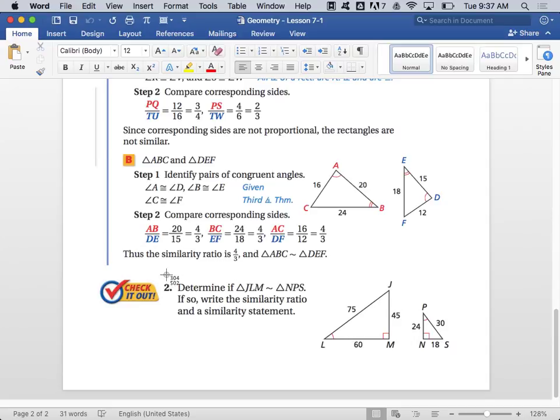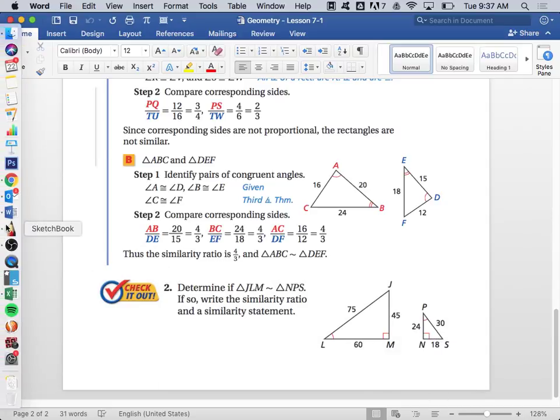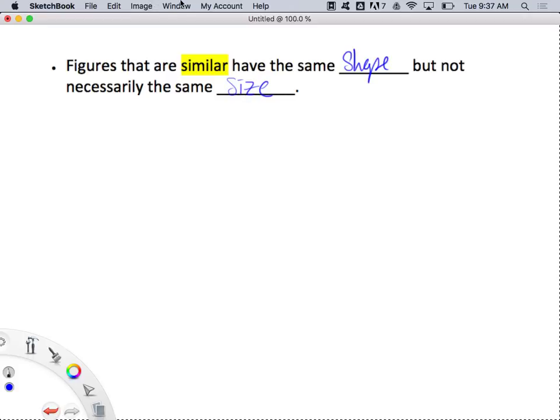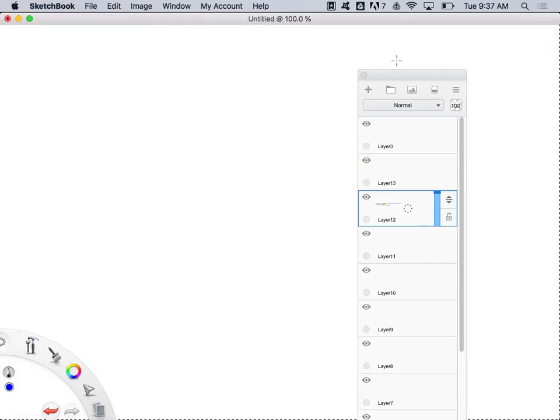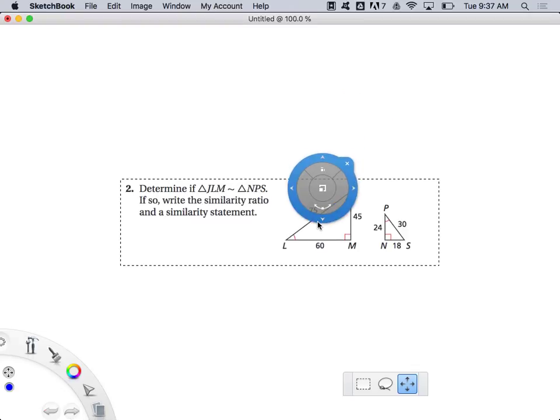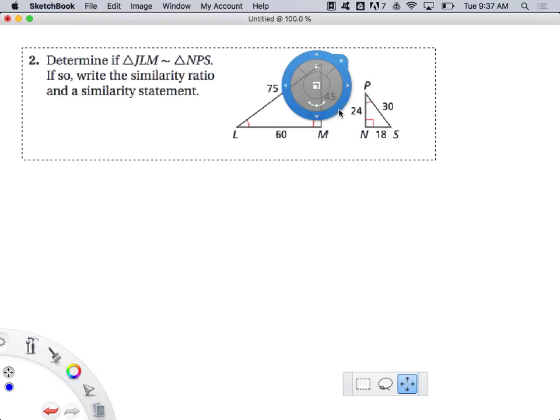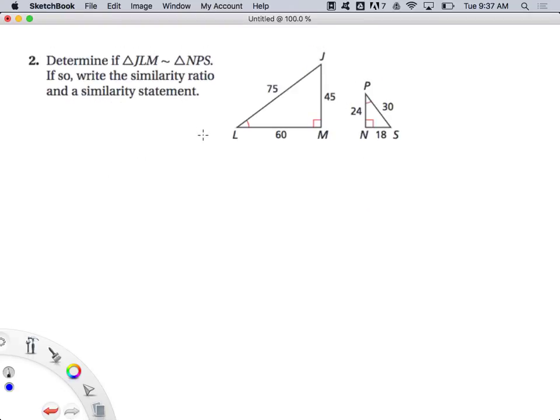So how do we find the similarity ratio? Well, we check all the sides. Okay. So the way to figure it out is to kind of rotate it to get to a point. You see, this angle corresponds to that one corresponds to that one. So 60 corresponds to 24.